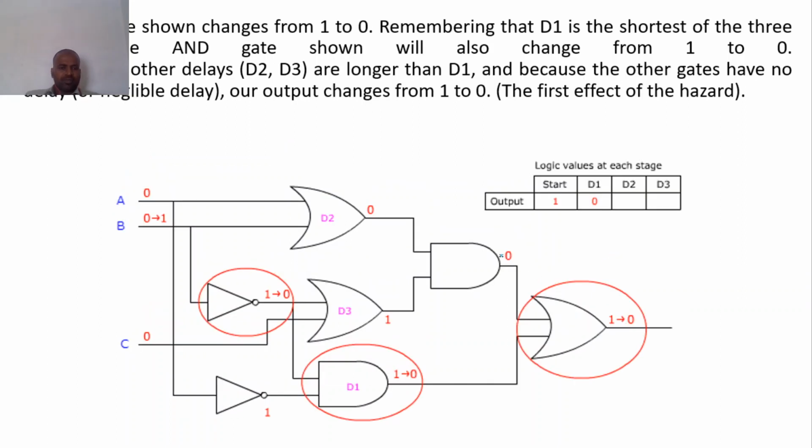See, the transition is through this way because D1 has lesser delay compared to D2 and D3. This is the first transition. Now D2 has lesser delay compared to D3. So the first transition happened through this way, so we are getting 0 here.